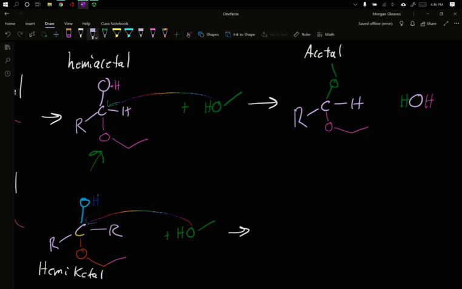Similarly with the ketone, if this happens, my carbon chain remains, but my double bond to oxygen has been replaced with two separate bonds to different oxygens that are ethers. This is a full ketal. And again, water is produced.